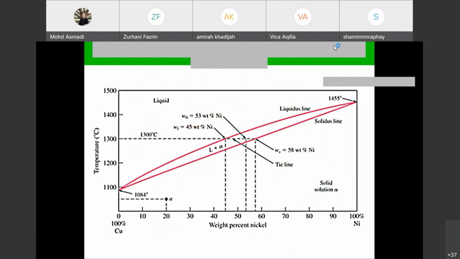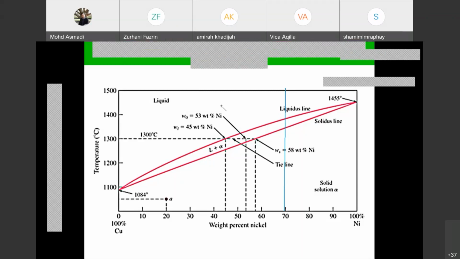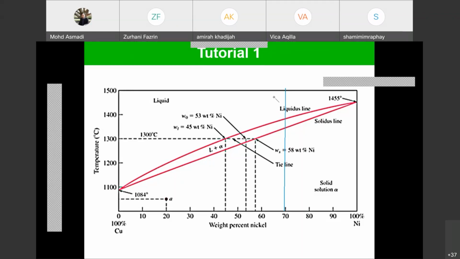At 1500 degrees C, with 70%, what phase is here? This is 100% liquid. So how to draw the microstructure?